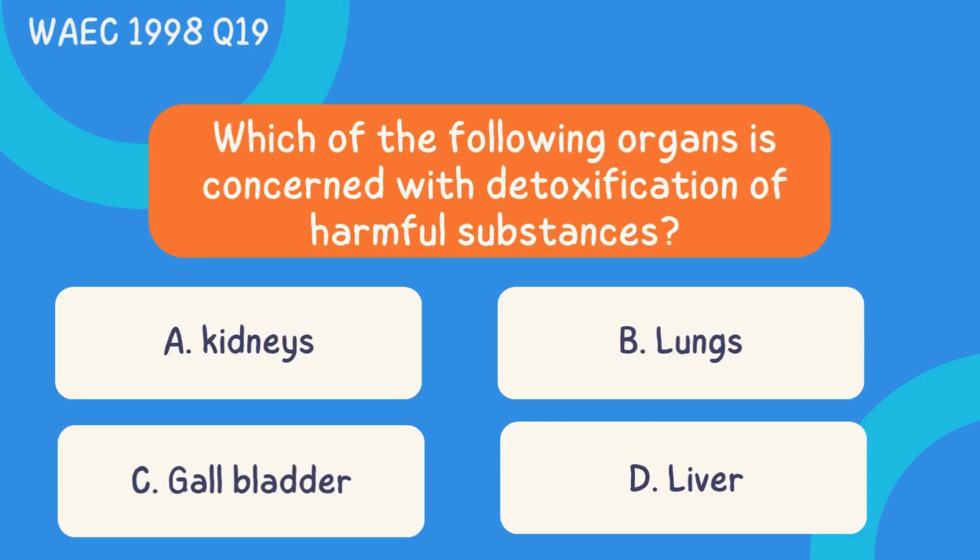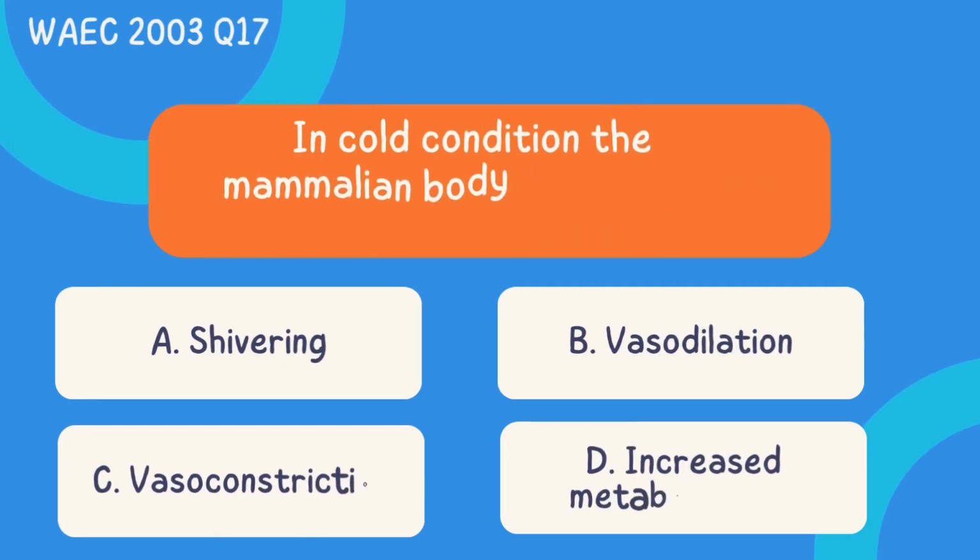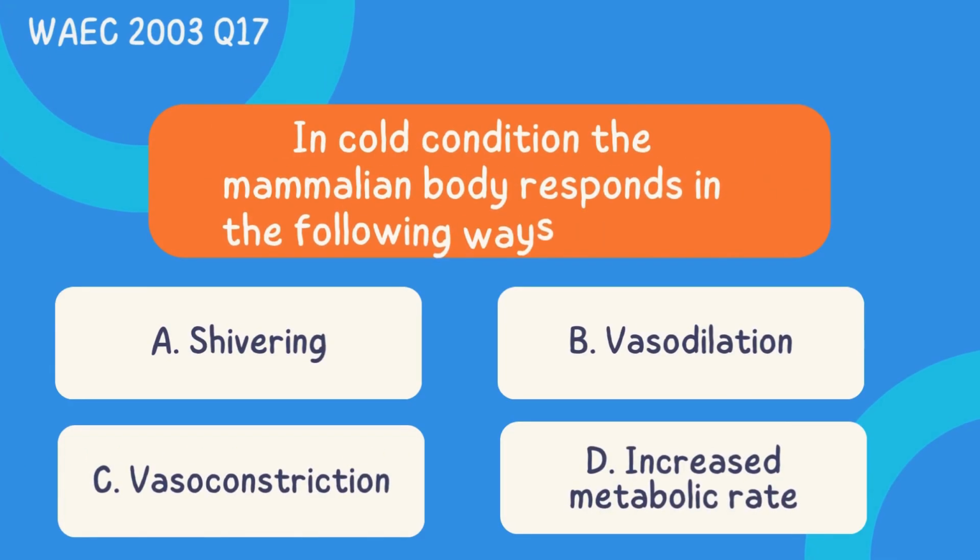Question 19 from 1998, and it says, which of the following organs is concerned with detoxification of harmful substances? A, kidneys. B, lungs.